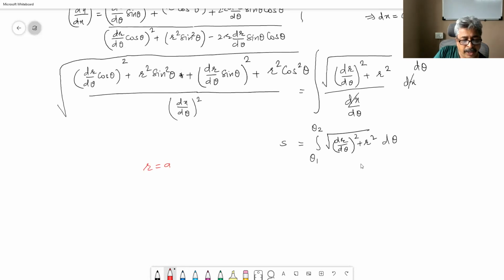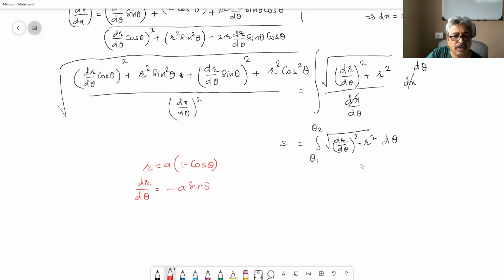Okay, so for our cardioid now we have r is equal to a(1 minus cos theta) as our formula. So dr by d theta, if we try to find out, a is a constant, so minus a cos theta I have to differentiate with respect to theta, so minus a sin theta. And that is all about it.